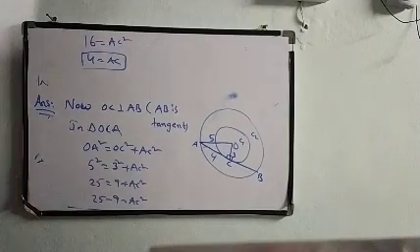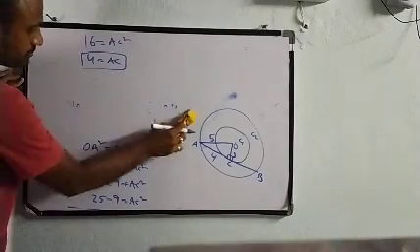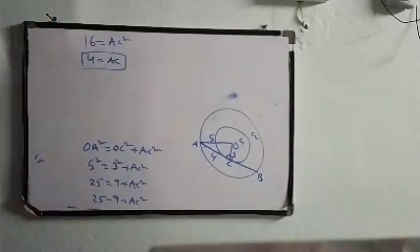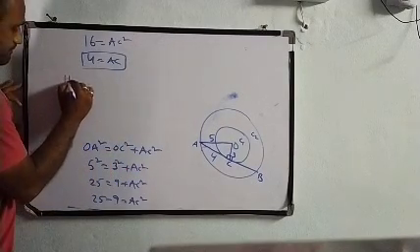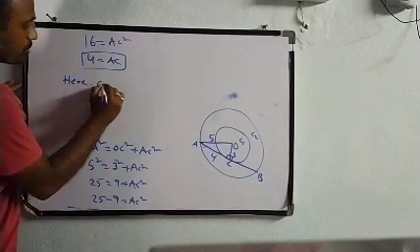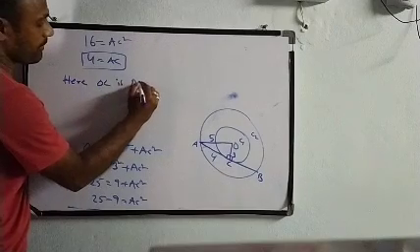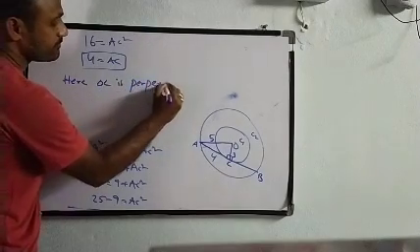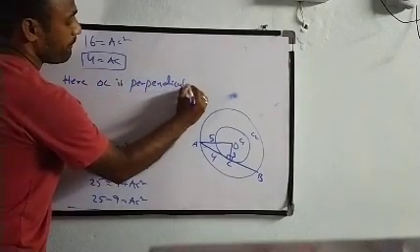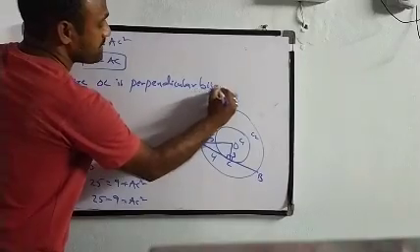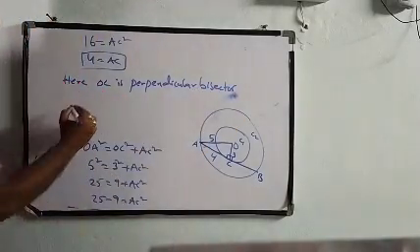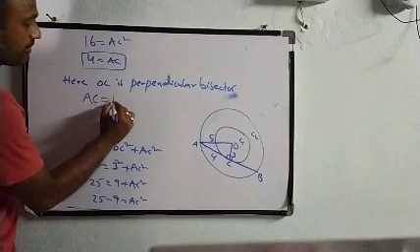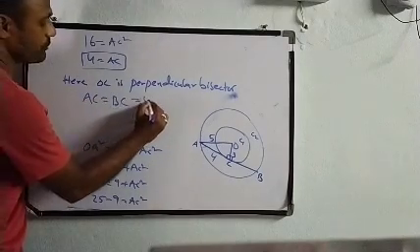Now since AC is 4, here OC is the perpendicular bisector. It means that automatically AC length will be equal to BC length, which is 4.